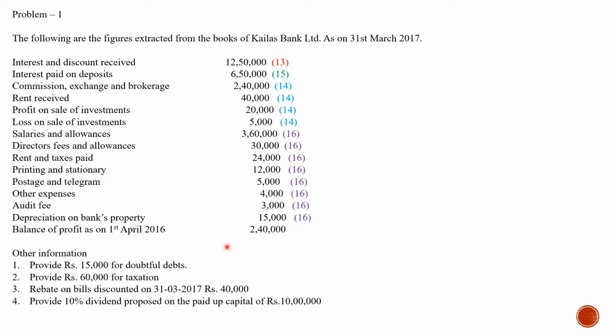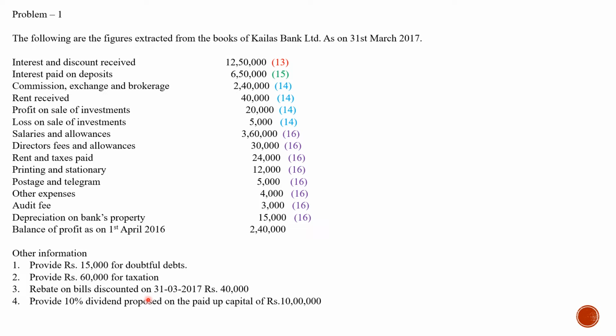You are also given information on last year's profit, amounting to 2,40,000. In the additional information part, you are given doubtful debts amounting to 15,000, and you need to give provision for taxation amounting to 60,000. You are also given information on rebate on bills discounted. Since it is not given as a ledger account balance, it needs to be shown in your profit and loss account.